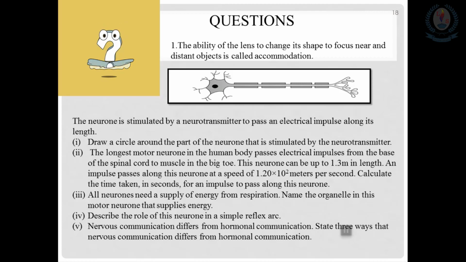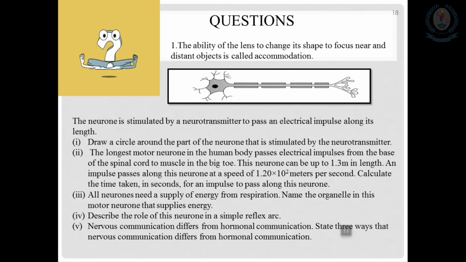So, how can we calculate the time? Speed is equal to length divided by time. So, length is given, the speed is given, you have to substitute the other parameters and find the time.